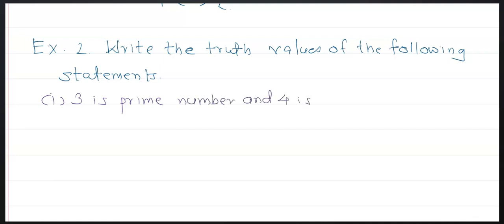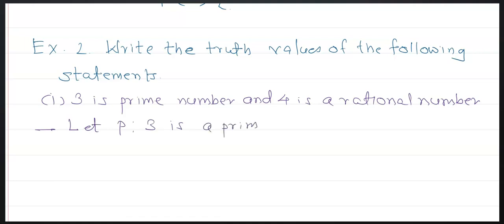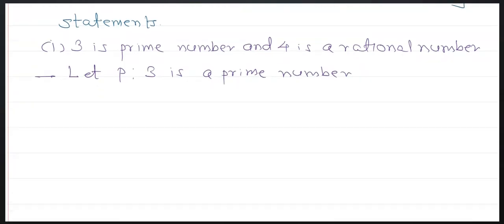Yes, it is true. 4 is a rational number. It is also true. P is 3 is a prime number. Q is 4 is a rational number.